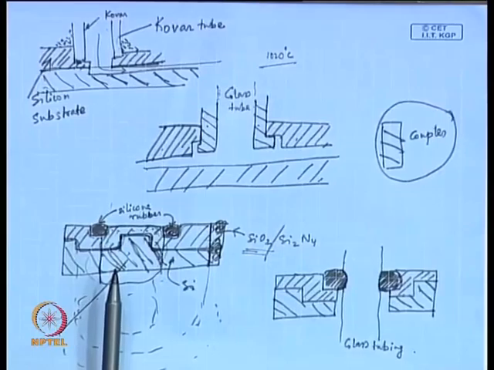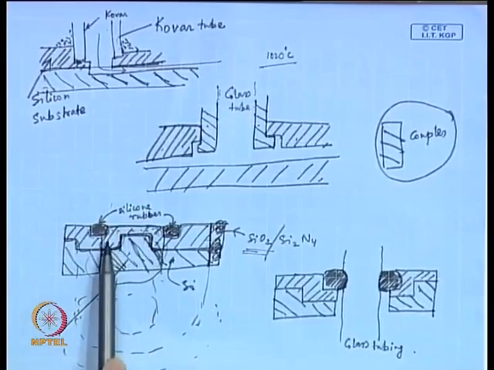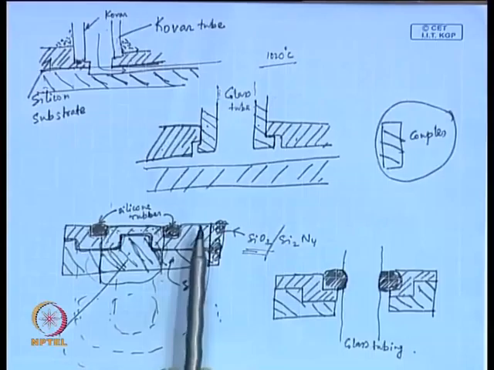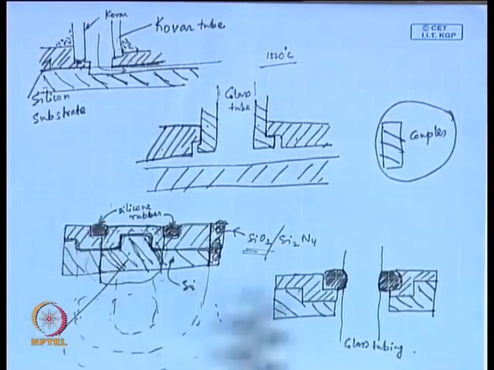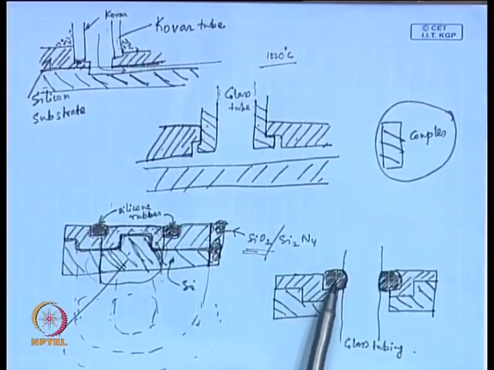Removing silicon is very easy, it's not at all a problem, but SiO2 is difficult to remove. For that you have to go for dry etching, a stronger etching technique, and that you do. Once you remove this whole material, you have this fluidic access made, and this silicone rubber is acting as an O-ring.